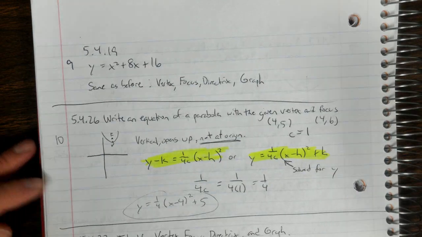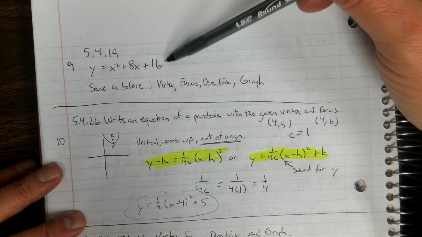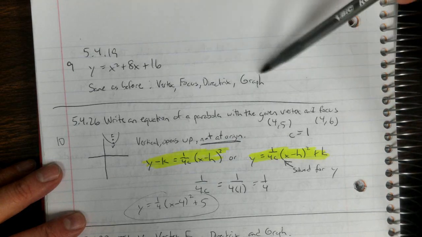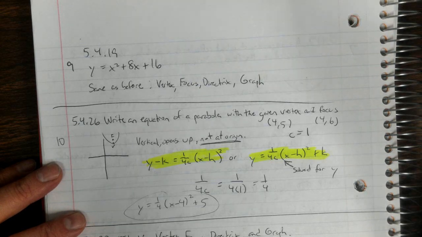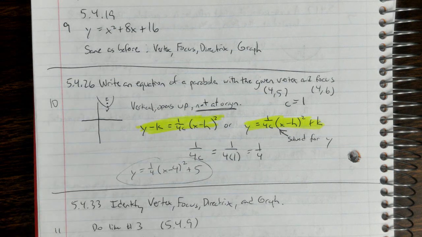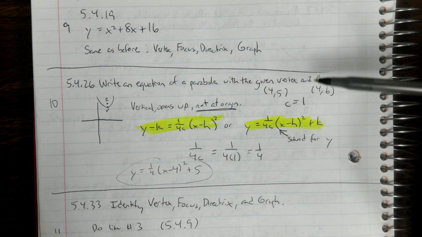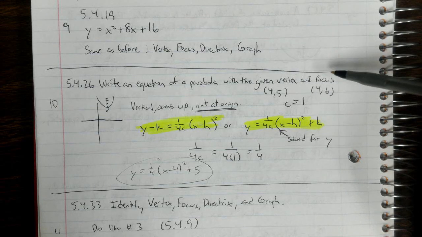Okay, on the next one, you've got y equal x squared plus 8x plus 16. Same thing, you're doing your vertex, focus, directrix, and graph. And you can use the calculator or do it by hand. The next one shows write an equation of a parabola with a given vertex and focus.